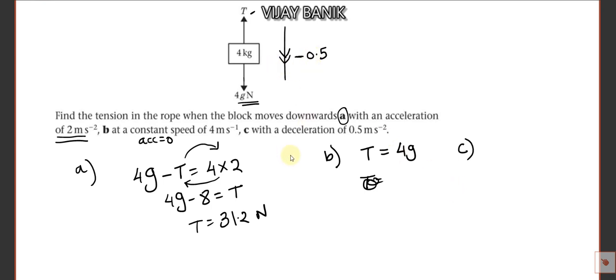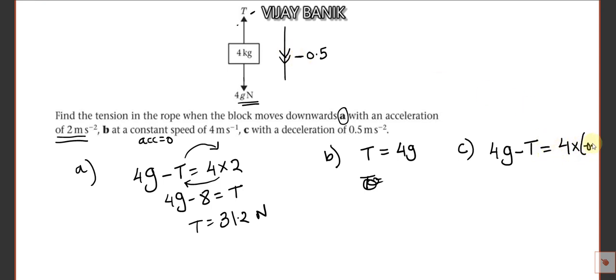But the situation otherwise remains the same. This is not in equilibrium right now. So whichever side the acceleration is, that side is positive. I'll take 4g as positive, and tension is negative because it is in the opposite direction to the acceleration, is equal to m into a.